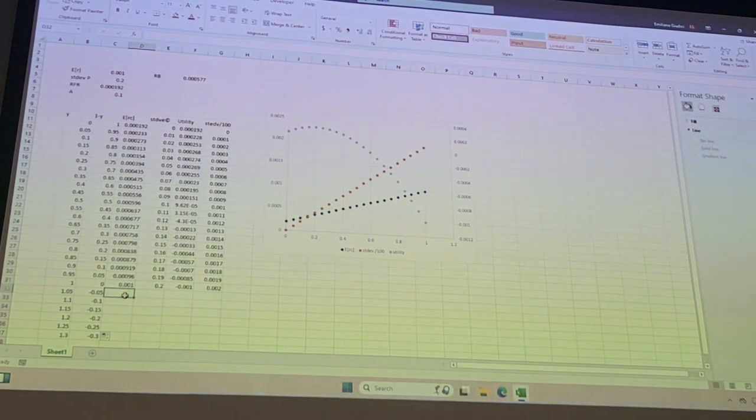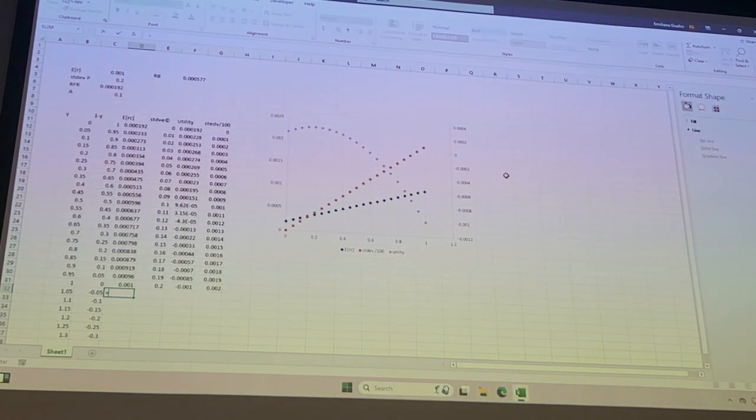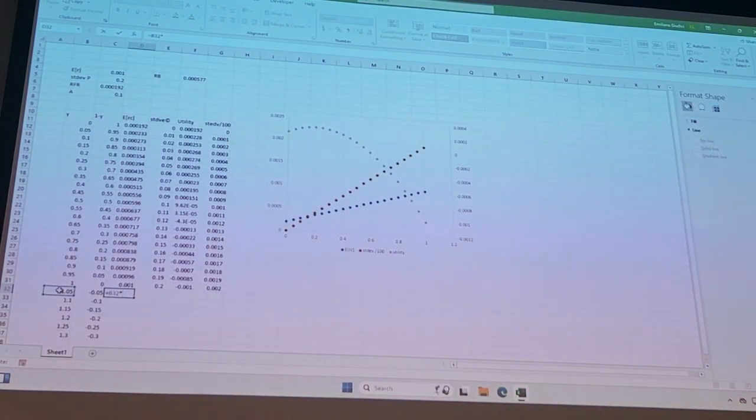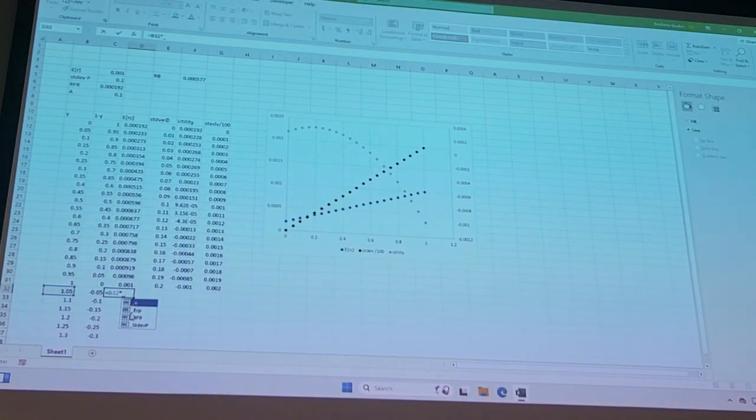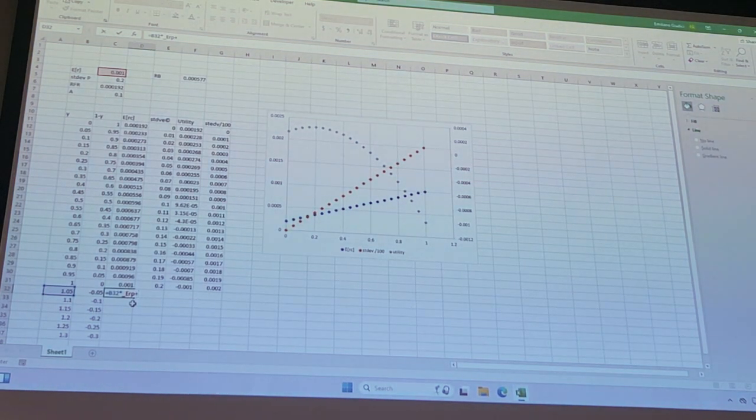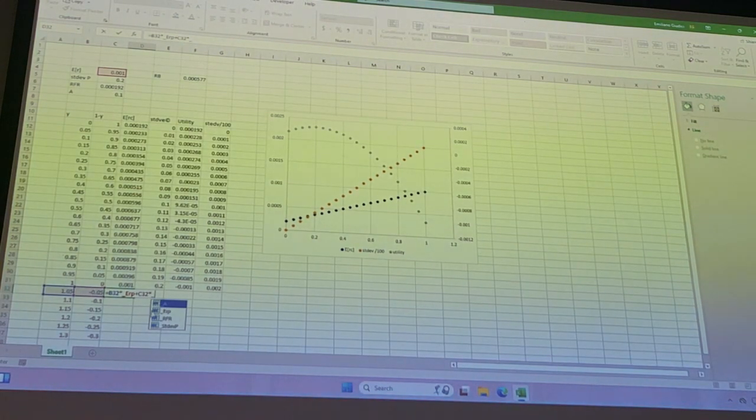So when you calculate the expected return, it's going to be these times the return of P plus 1 minus Y times the borrowing rate.